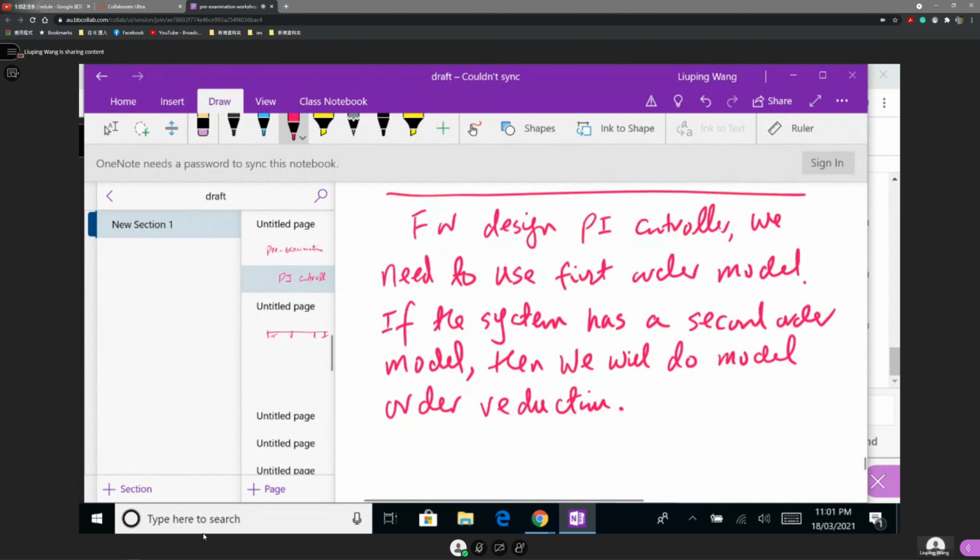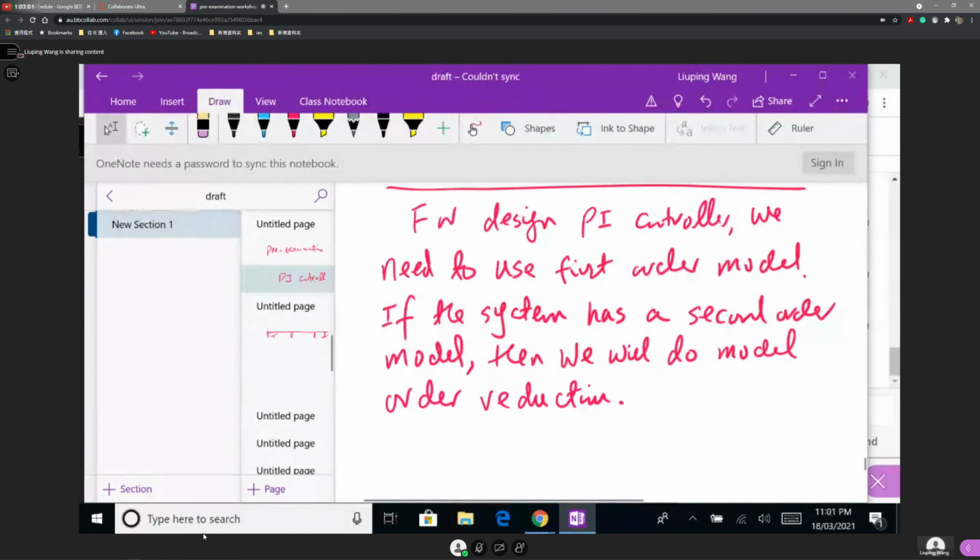All right, we do model order reduction. Right. So let's give an example. How do I do model order reduction?